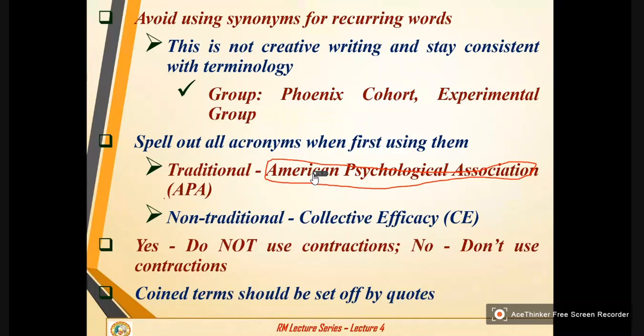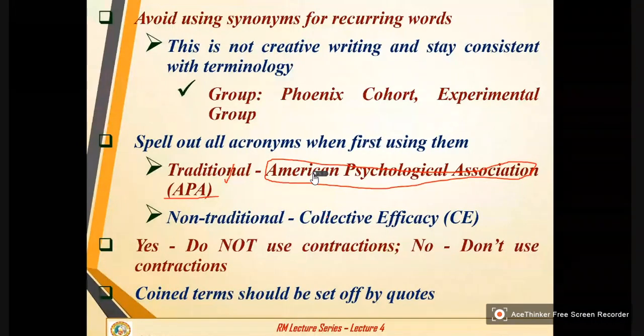APA has prescribed how traditional acronyms are to be used. Non-traditional ones, like collective efficacy, you can choose yourself. If it is a non-traditional one, you can make your own abbreviation, but you have to define it in the beginning.